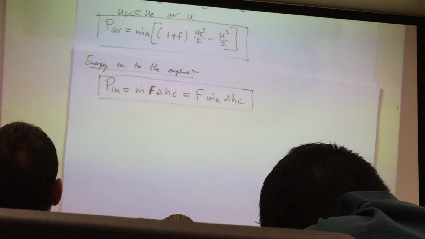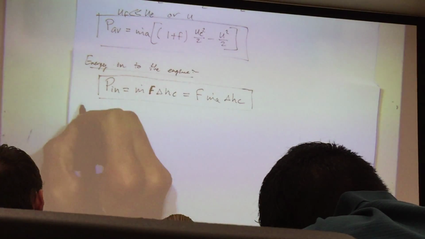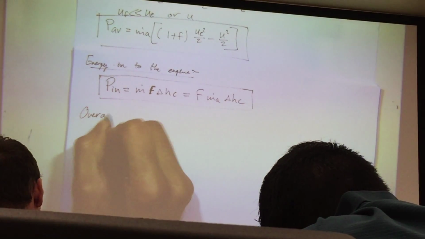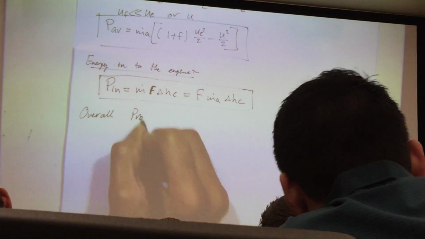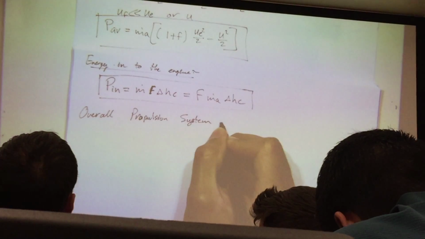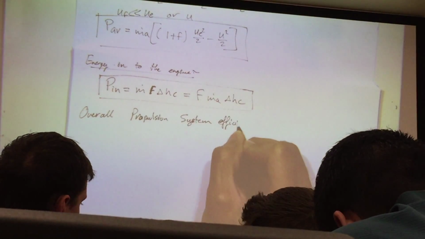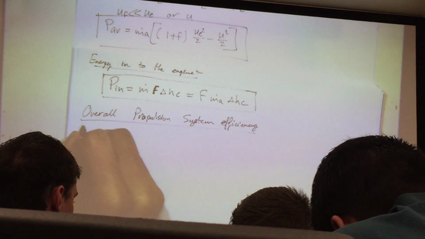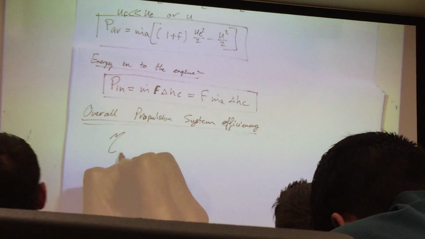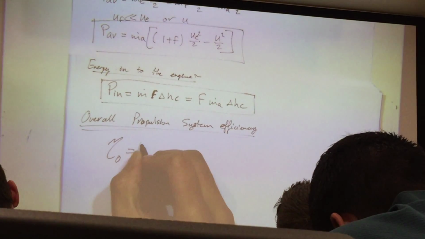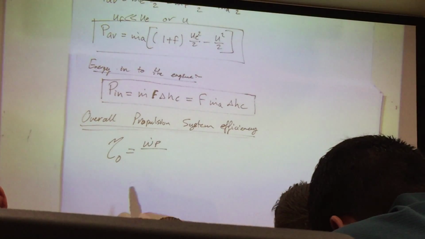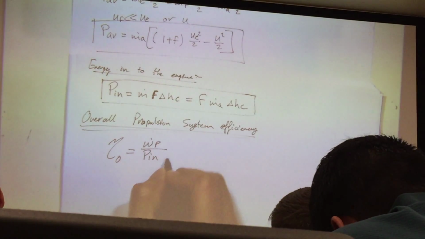Okay, so another thing that we need is overall propulsive efficiency. So eta overall is equal to my propulsive work, WP, or the propulsive power, divided by my heat input, which is another critical parameter.